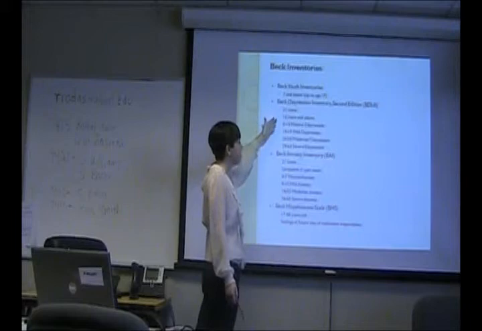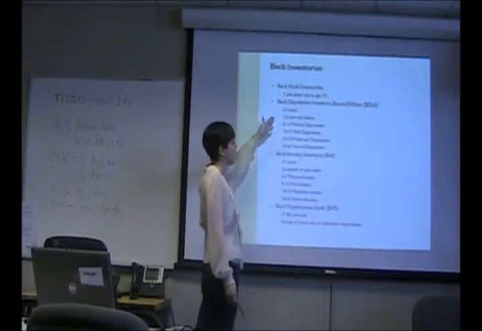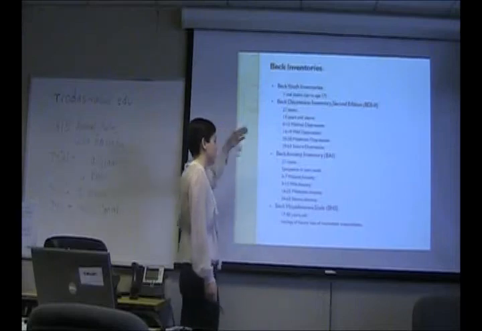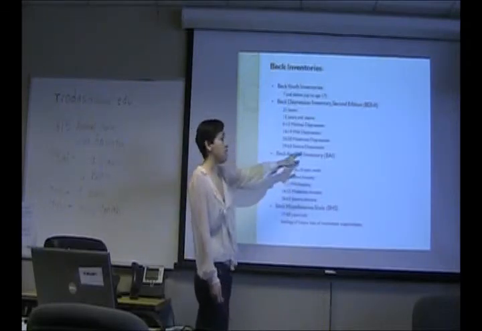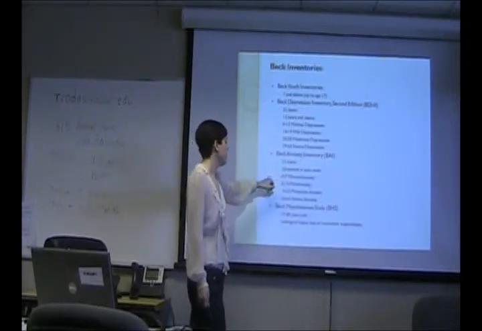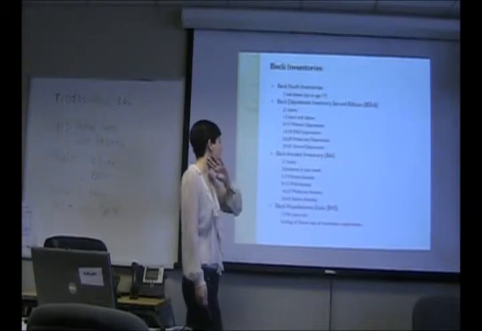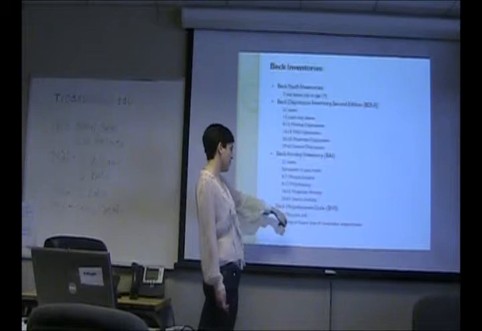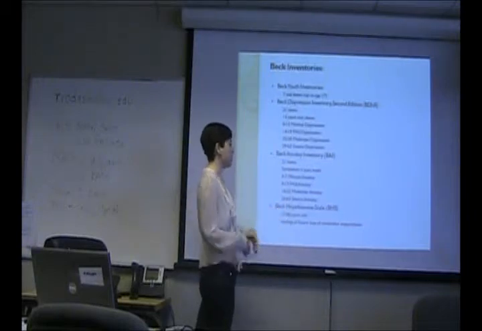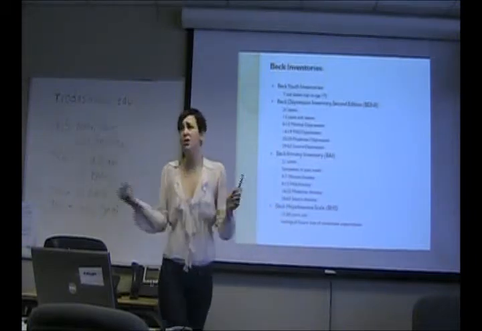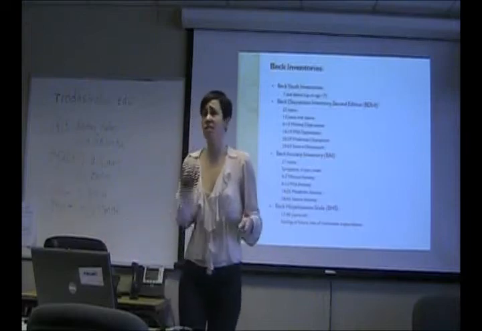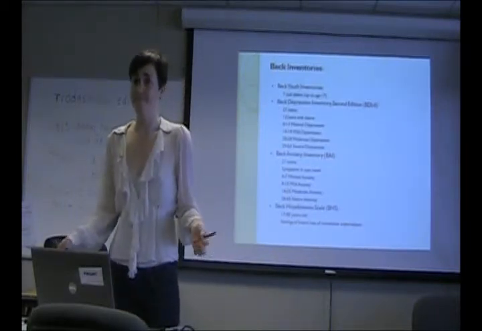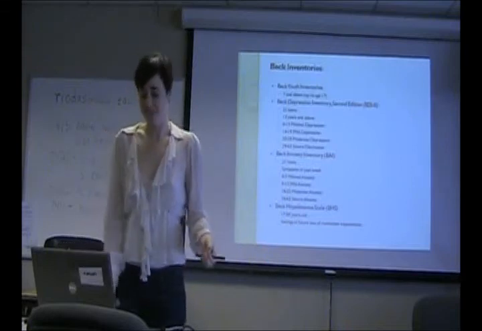If you're so inclined, it's not hard to remember the different levels of depressive symptomatology. The Beck Anxiety Inventory, the BAI, has 21 items. And then the Beck Hopelessness Scale, the BHS, is for people aged 17 to 80 years old. Do you want me to go into more detail than that, or just that they're the 4 that you need to know? Okay.